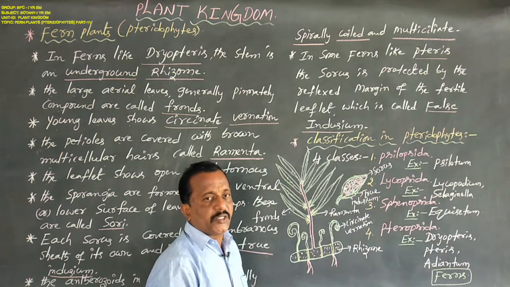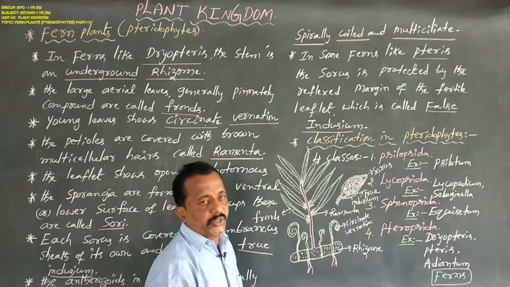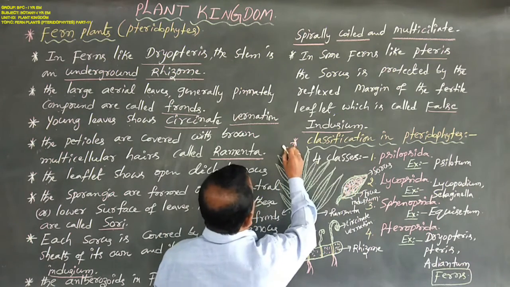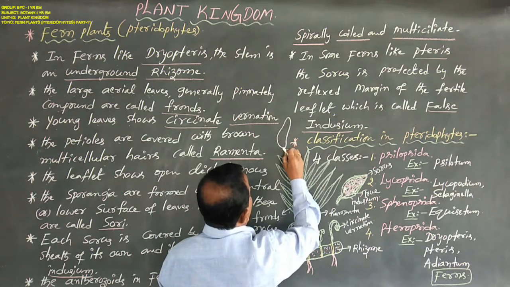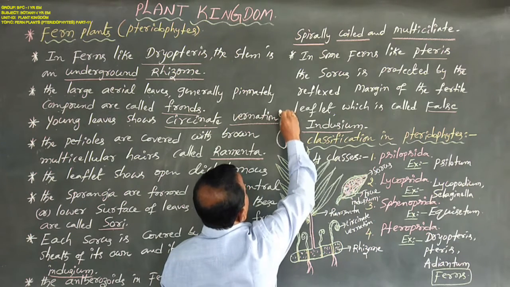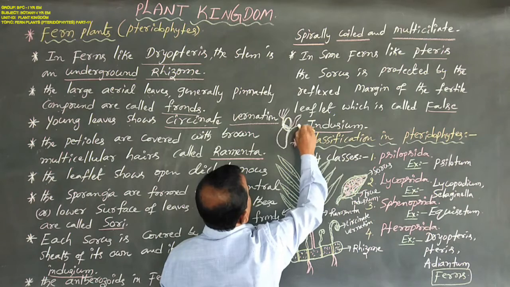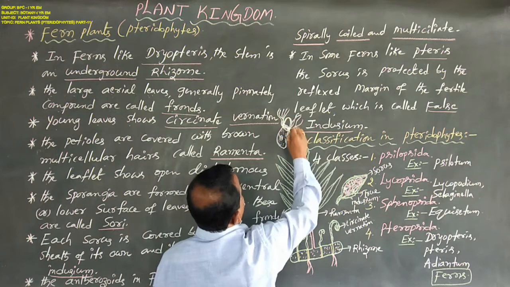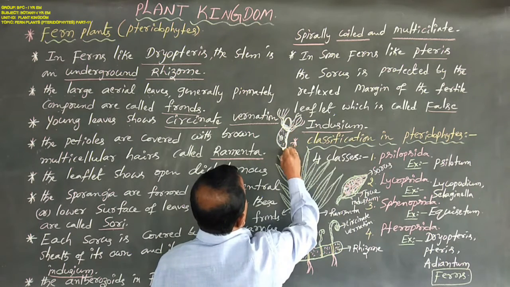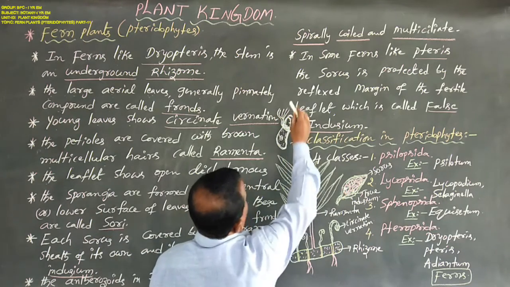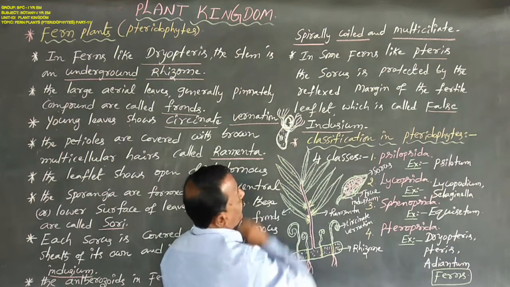The male sex organ is the antheridium, and the female sex organ is the archegonium. The antheridia produce spirally coiled and multiciliate antherozoids, with a number of cilia. This is one antherozoid.